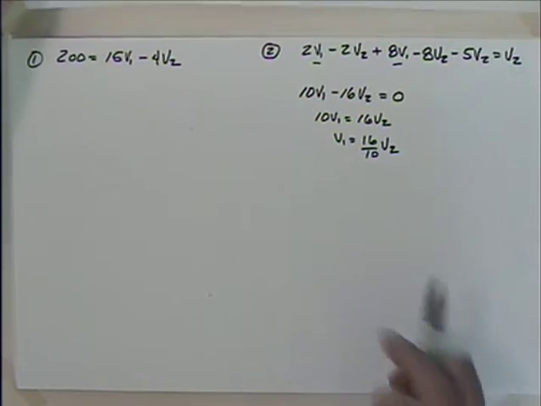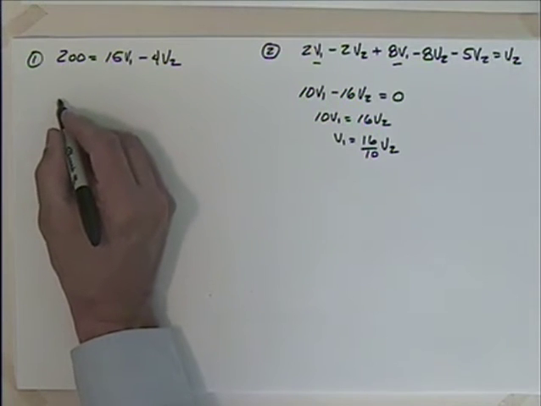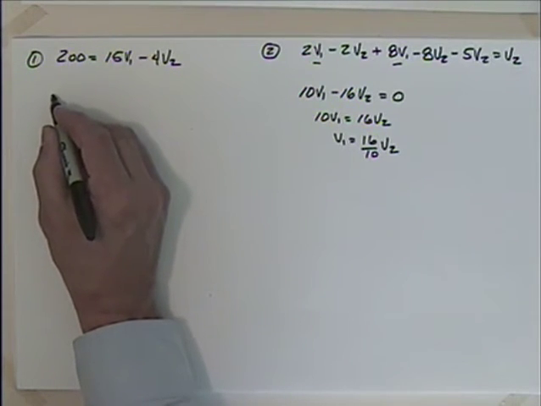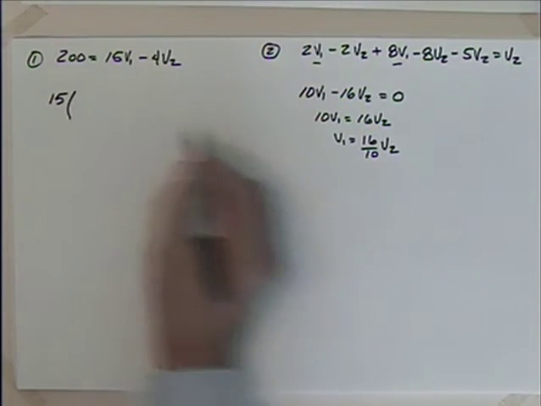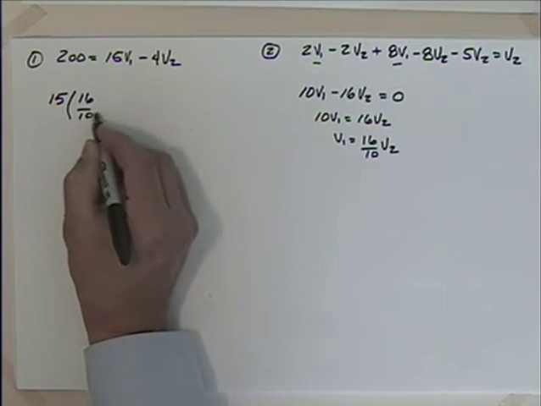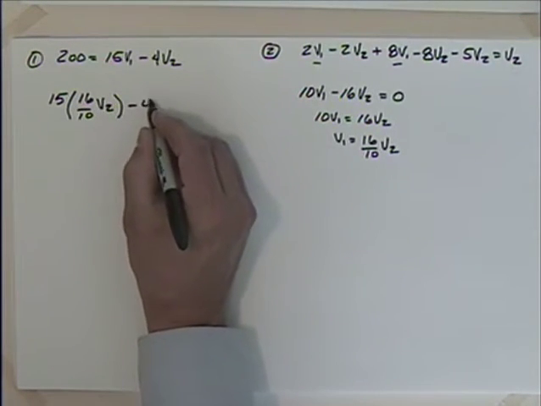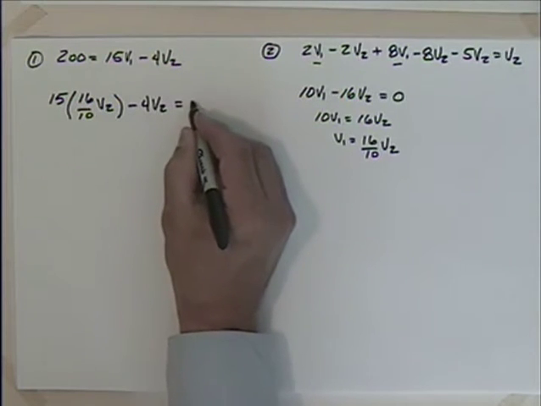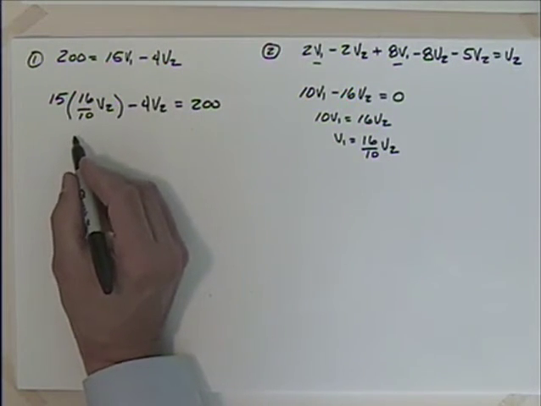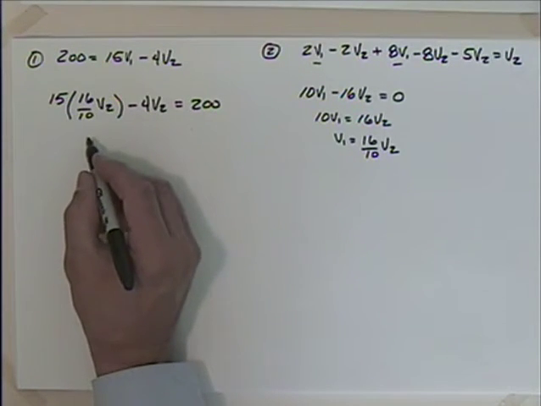So I could substitute this in here. I could say that I have 15, making my substitution for V1 as 16 over 10 V2, minus 4 V2 is equal to 200. I've just flipped that equation. So V2 turns out to be equal to what?